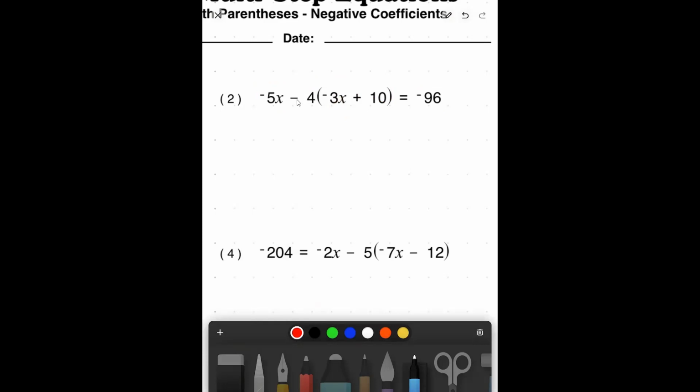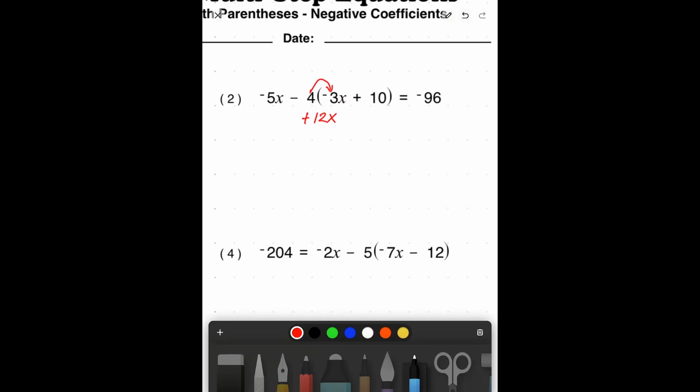Anytime you see parentheses, it means multiplication. So what we have here is -4 times -3. -4 times -3 is going to be a positive 12x.